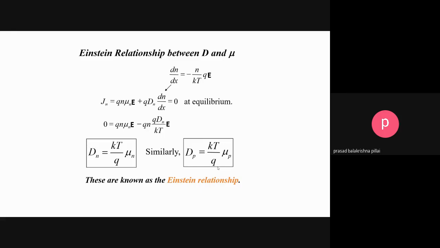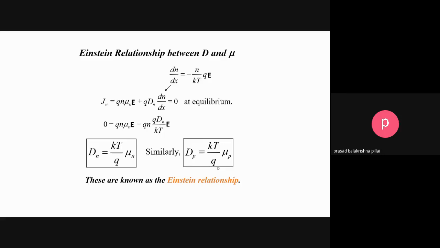So kT by q will be a term which will come very often. kT comes from the kinetic theory of gases, and that is incorporated into electrons also, thermal energy and things like that. kT is expressed in electron volts. Then kT by q is the thermal voltage.